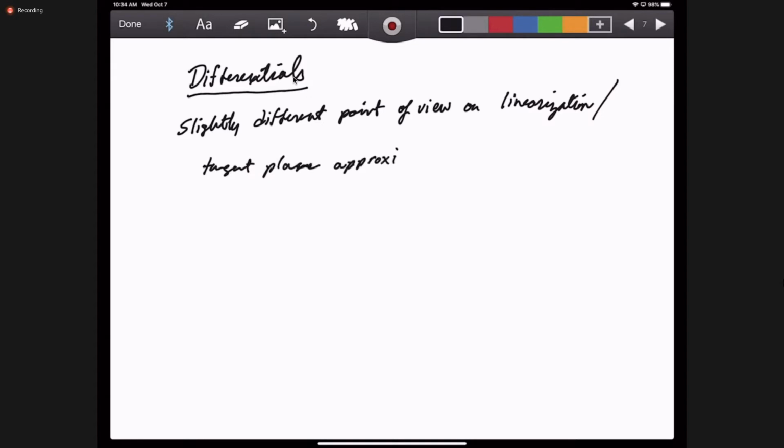Okay, there's a little bit of notation and terminology that you have to remember, but really what you're doing is just talking about linearization in slightly different language. Okay, the ideas are the same. So dx, dy are differentials, and we can think of these as independent variables.